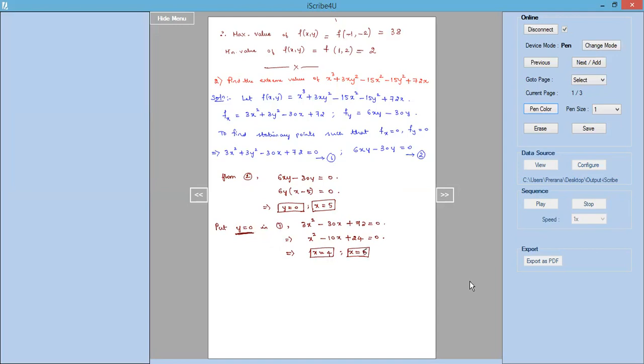Now similarly, we will consider x is equal to 5 and substitute into equation 1.